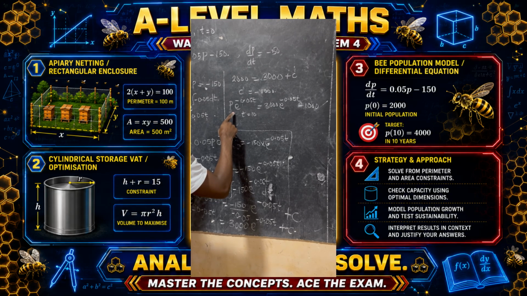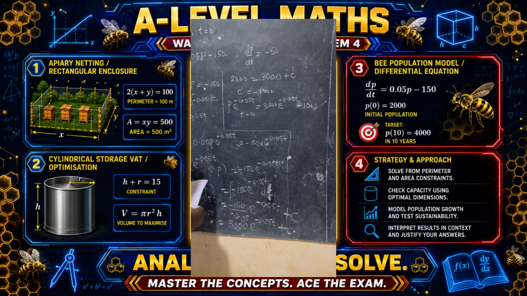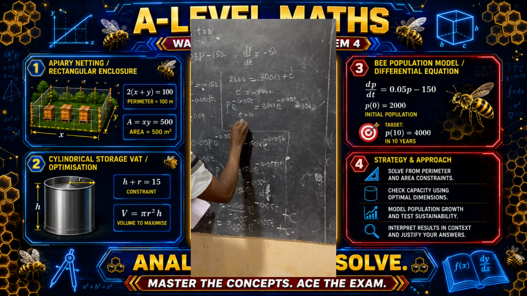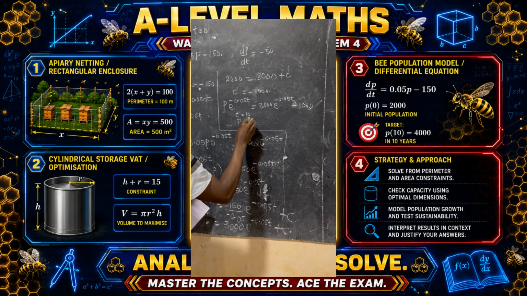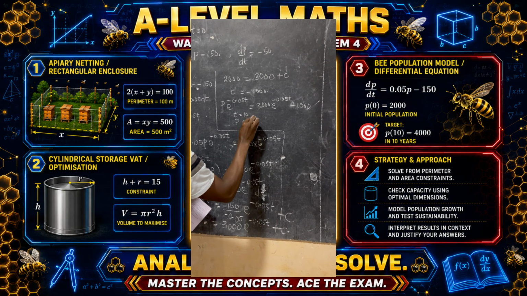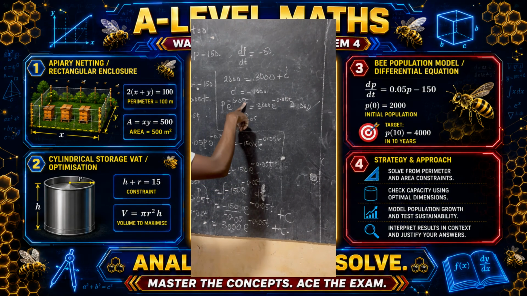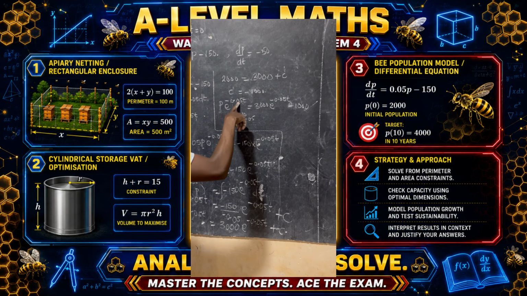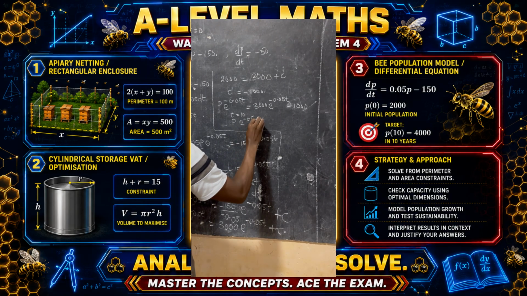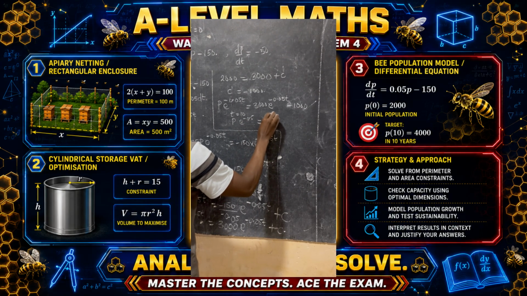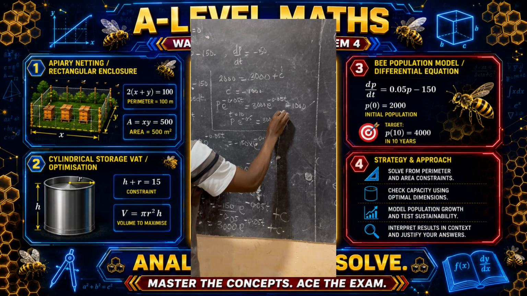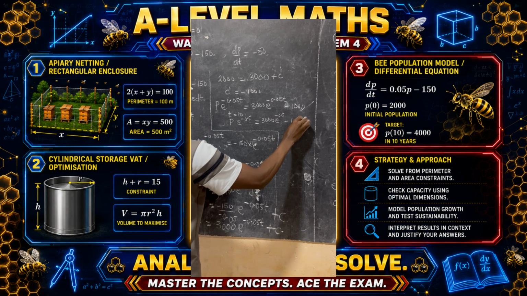Now this is going to be p exponential negative 0.5. If I'm multiplying by 10, the 10 just goes off, being equal to 3,000 exponential negative 0.5 minus 1,000.